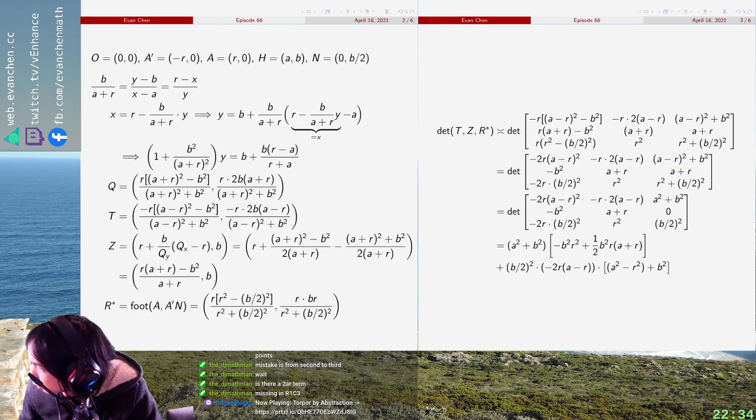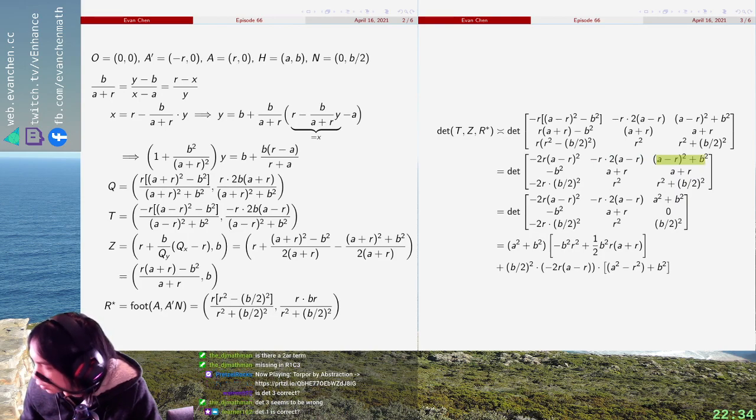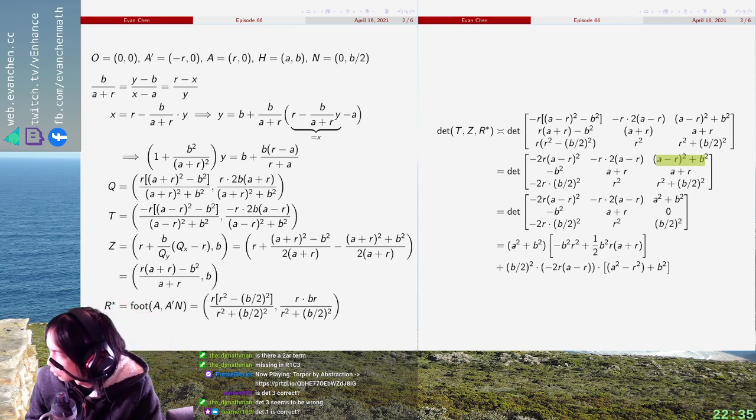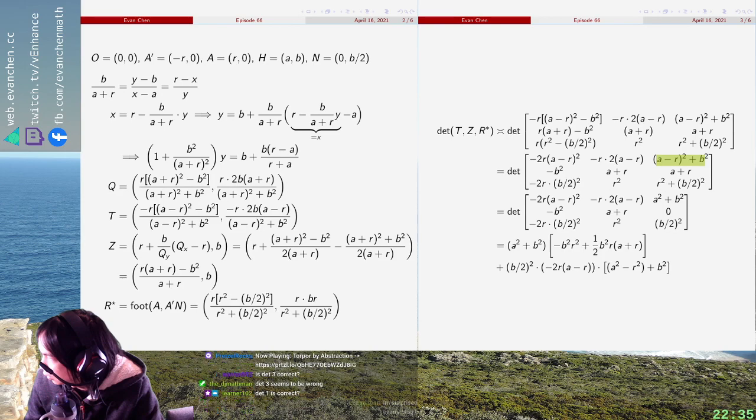So what happened here? The way I got this one is to subtract this one from here. So this is minus 2ar plus r squared, right? And this is a squared minus 2ar plus r squared. So I think that's okay. Did I? This is minus 2ar plus 2. Oh, it's a plus r squared.